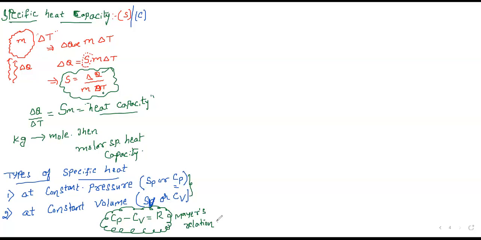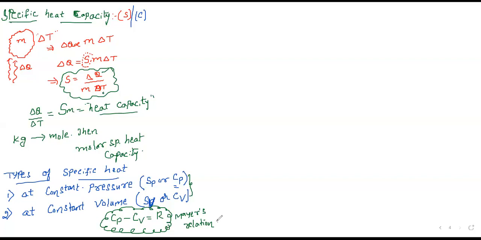So what is specific heat capacity? It is the amount of heat energy required to increase the temperature of unit mass of substance by 1 degree Celsius. That is what we consider the specific heat capacity. What are the different types? There are two types of specific heat capacity: Cp and Cv.